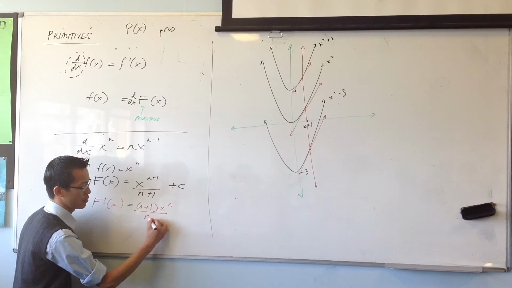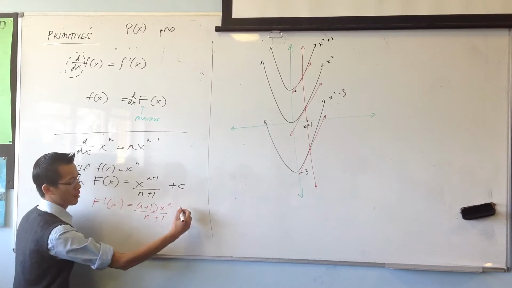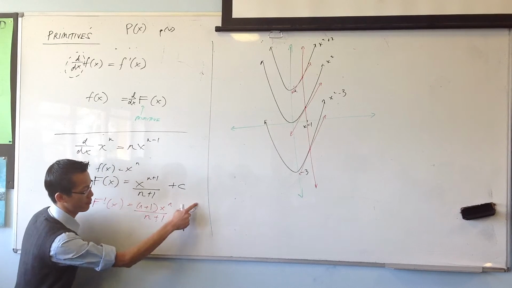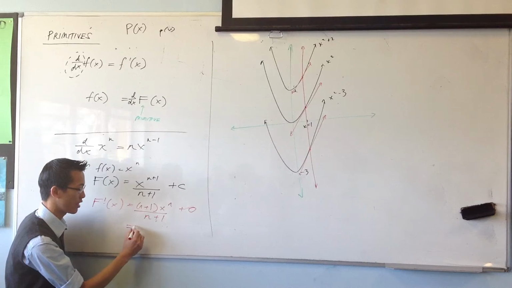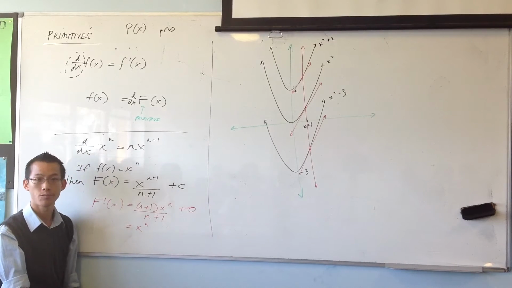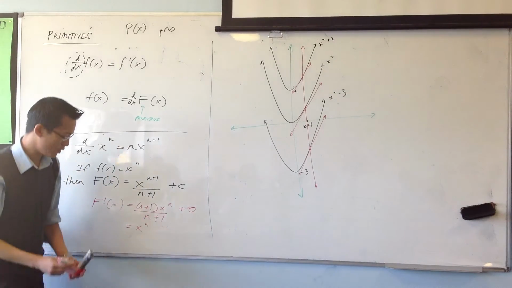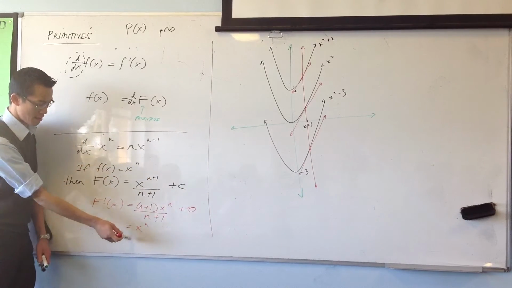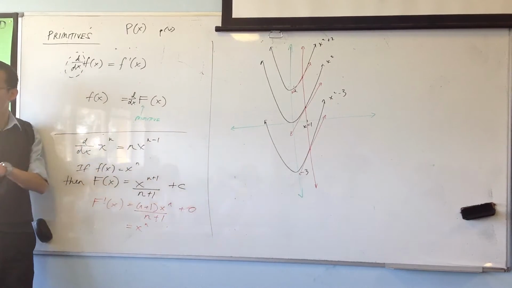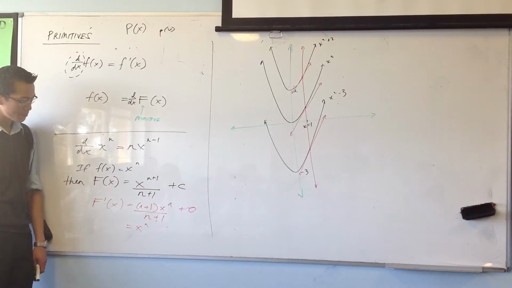This denominator is still here. The constant becomes 0. Sorry, it looks like a 6, that's a 0. So it looks like it checks out. Can you see, if you did it the other way, if you divided first and then increased the power, then this wouldn't work? You'd be off by a factor.